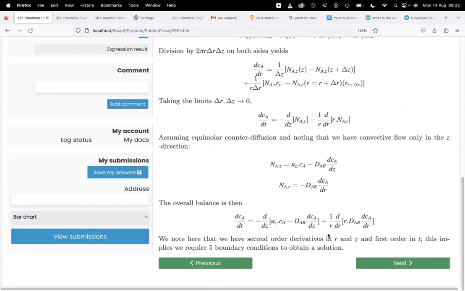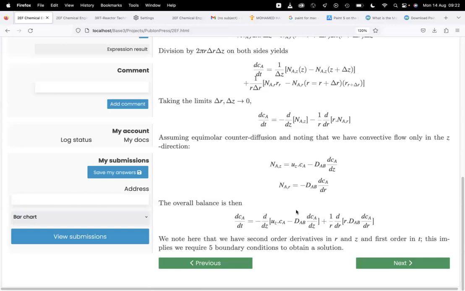What's the highest derivative in each dimension? In time, we only have a first order derivative. In Z, we have a derivative of a derivative. This term will give us a first order derivative, but this term will give us a second order derivative. So we count it as second order with respect to Z.